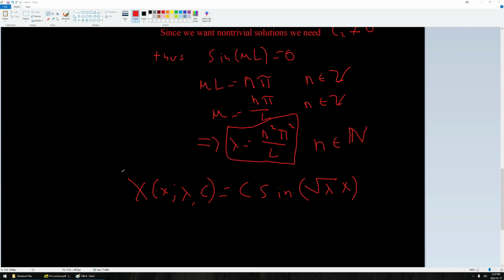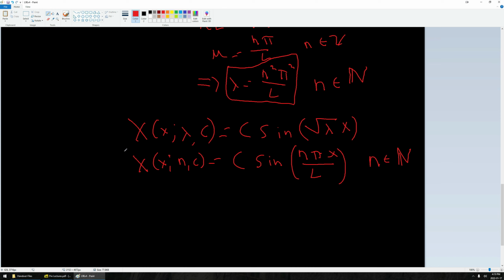Now I can further clean this up by getting rid of lambda and just say X on its own as a function of x, and c would simply be equal to some constant times sine of, well, just take the square root of this thing, so n pi x over L. Here n is again an element of the natural numbers.